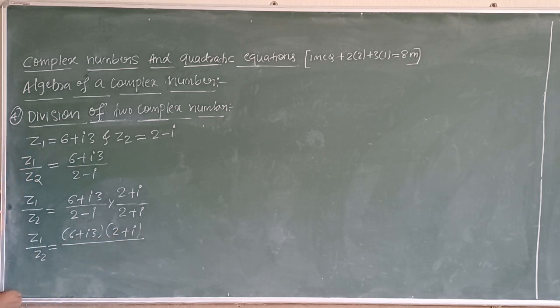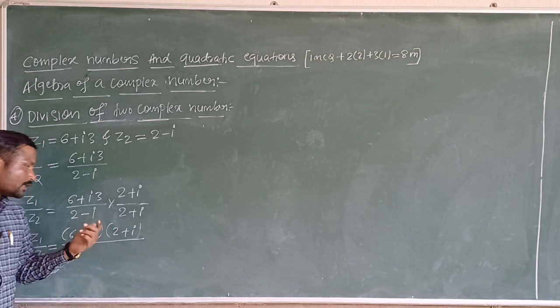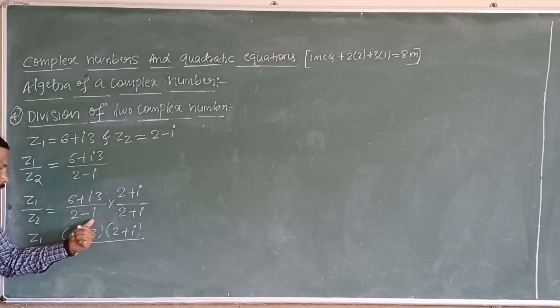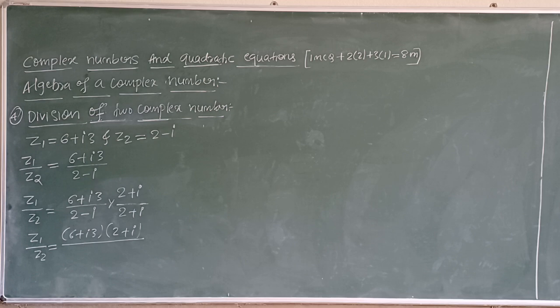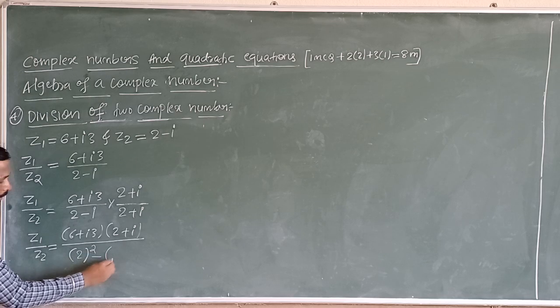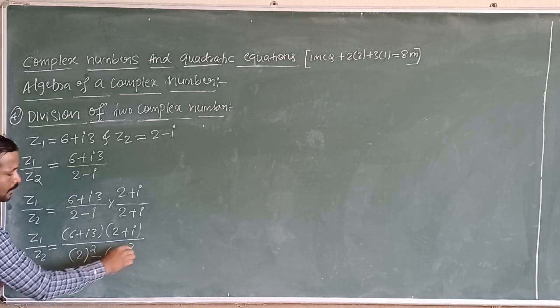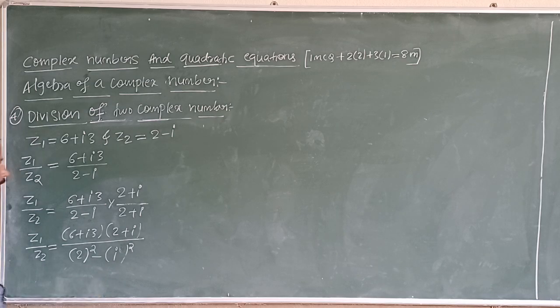Then go for the denominator. The denominator is in the form of a minus b into a plus b, which by formula is a square minus b square. a square means 2 square, b square means i square.